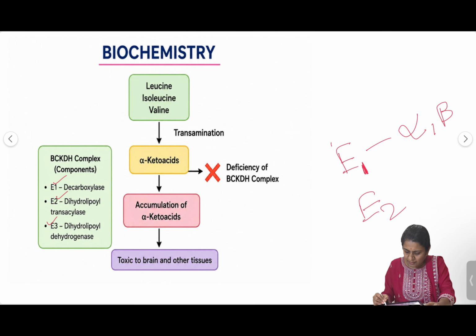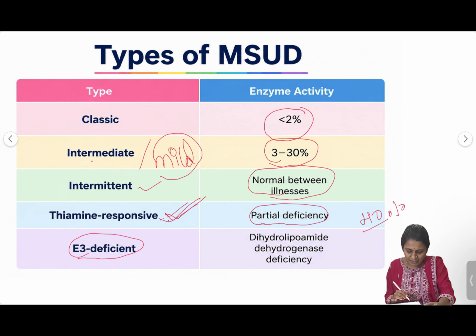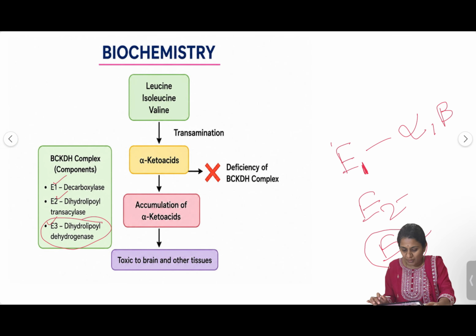E2 and E3 are dihydrolipoyl transacylase and dihydrolipoyl dehydrogenase, okay, decarboxylase. So they have given a separate classification for E3 deficiency. So this part is deficient, that is E3 deficient.